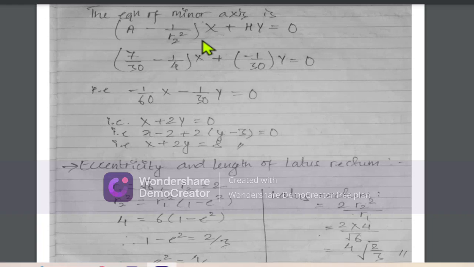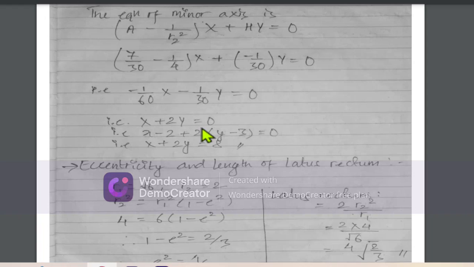Now likewise, the equation of the minor axis is a minus 1 by r2 square x plus hy equals 0. By putting the value of a, r2 and h, we find the equation like this: x plus 2y equals 0.